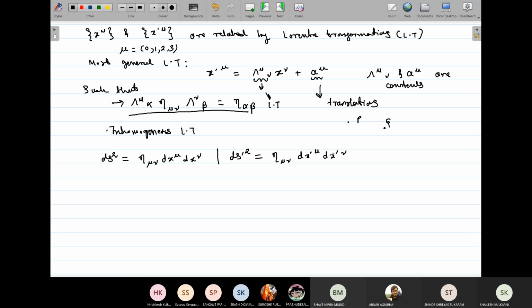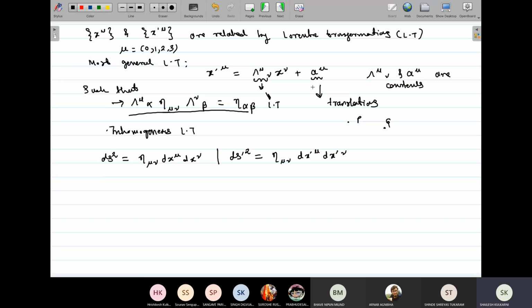Clear? Now you see there are differentials in this expression. Hence you expect that if I use this transformation to find dx prime mu, obviously a mu will not contribute to this differential because a mu is a constant.